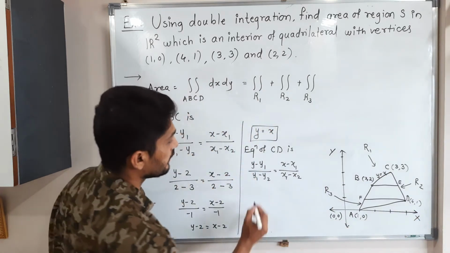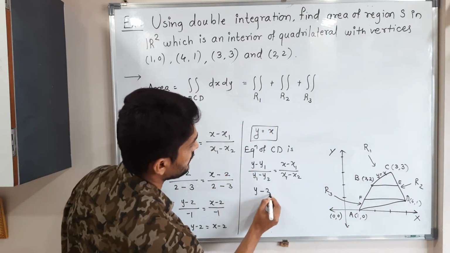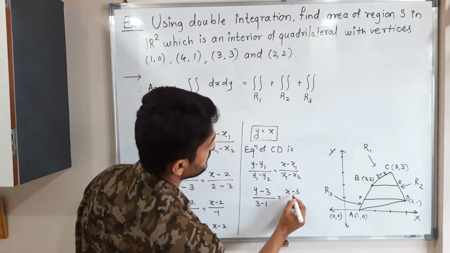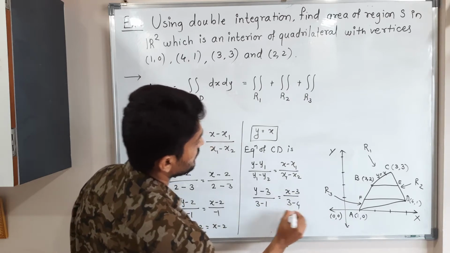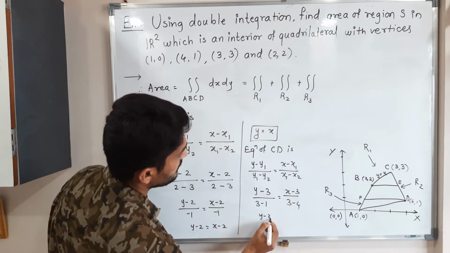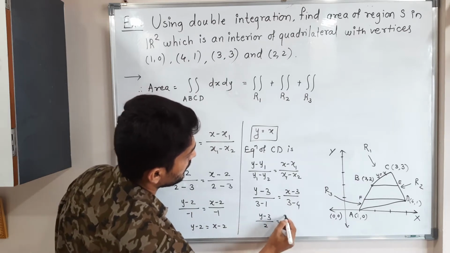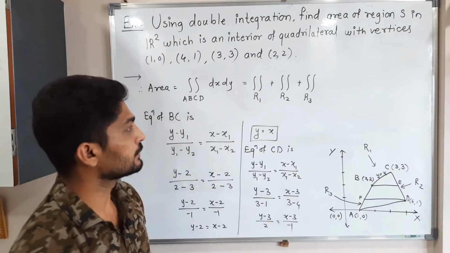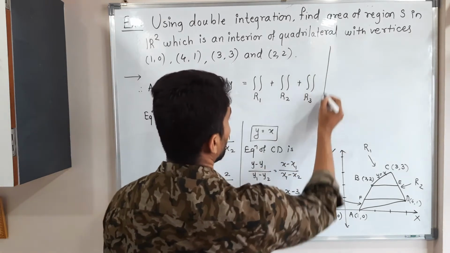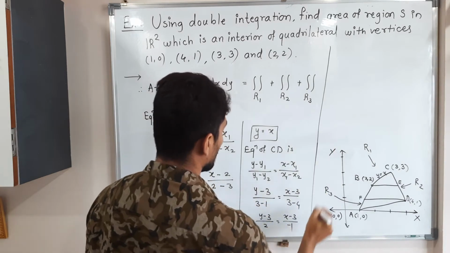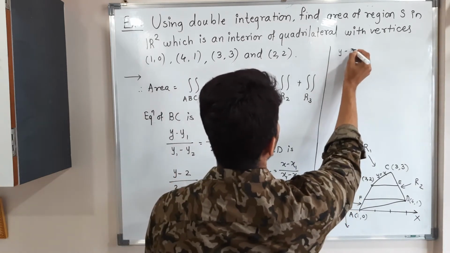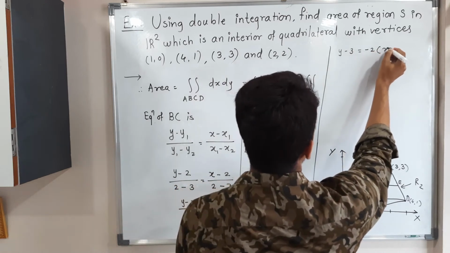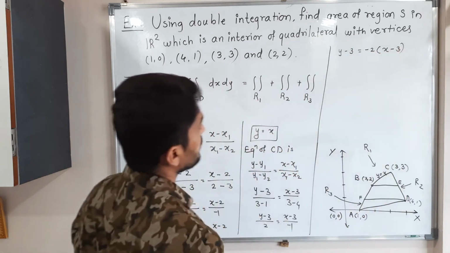So here we write (y minus 3) upon (3 minus 1) and (x minus 3) upon (3 minus 4). So (y minus 3) upon 2 equals (x minus 3) upon minus 1. I will shift the 2 to the other side, so y minus 3 is equal to minus 2 times (x minus 3). Let us solve it.